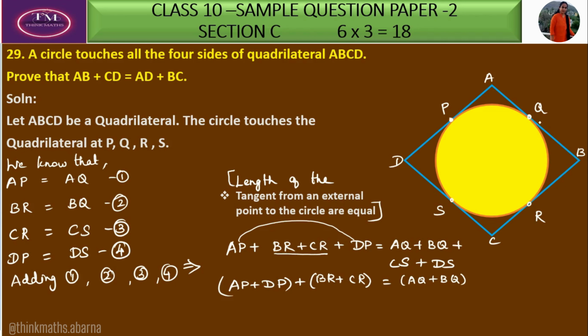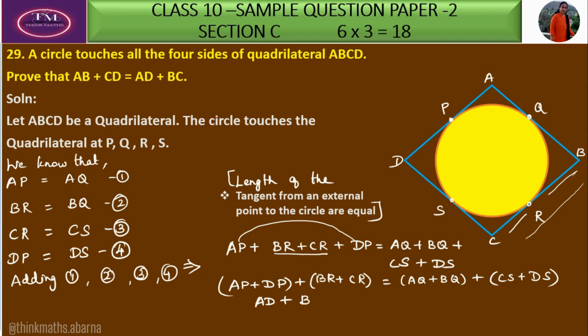So AQ plus BQ is AB. Plus we can club CS and DS. So CS plus DS. What is AP plus DP? AP plus DP is AD. So AD plus BR plus CR is the total line BC.